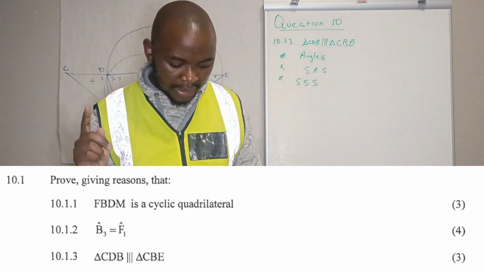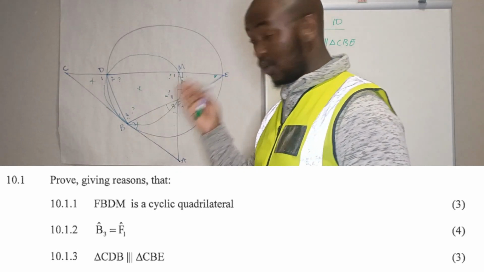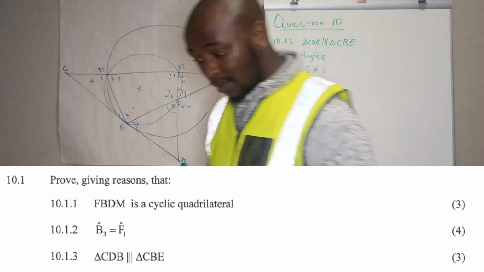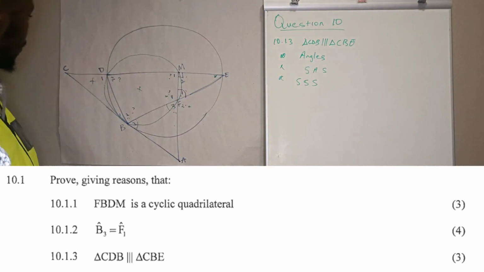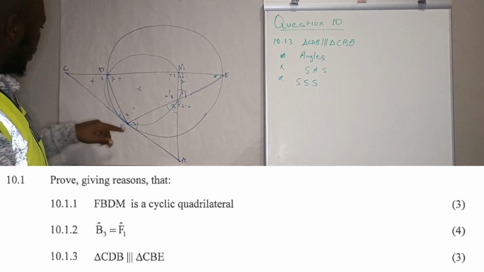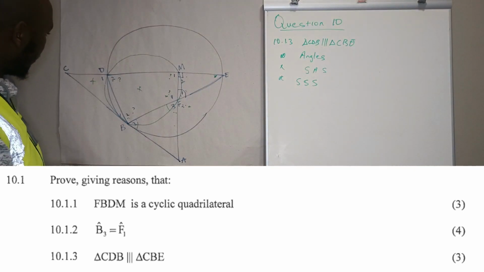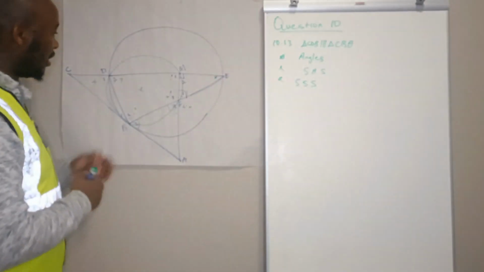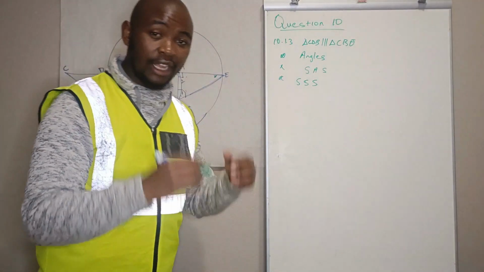All right, for this approach we need to verify which one we are going with. We can either prove that sides are proportional. There is BCE, there is CDB. We need to prove that these sides are proportional. Like I was saying, there are no values in here.